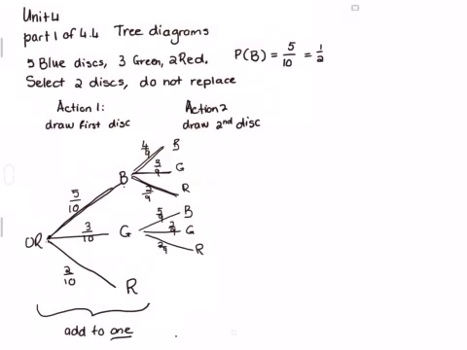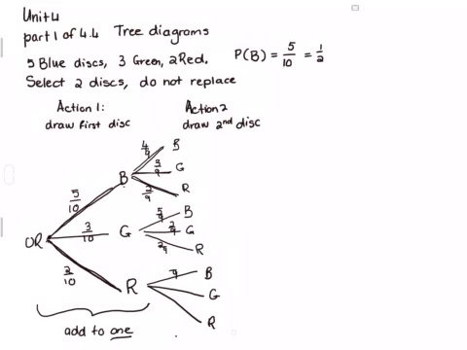My last thing is maybe the first time I got a red. If I draw the second time, again I can get blue or green or red. So remember, the first chance is blue or green or red. It was only one of those things that happened, but we're thinking of all possibilities.